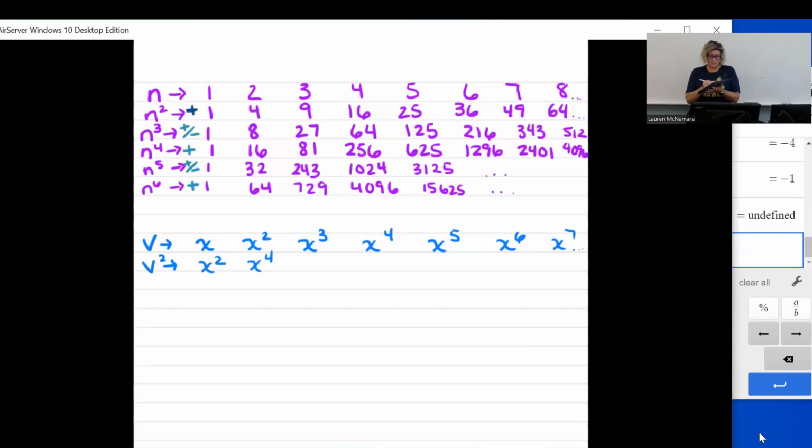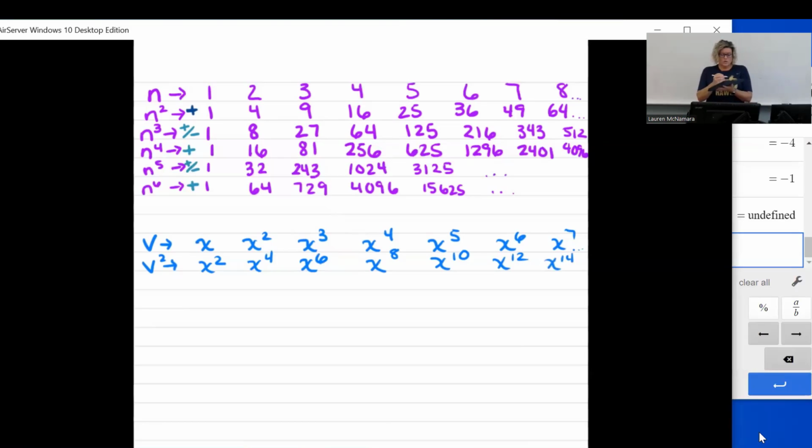Squaring my next one, I have x to the third times 2, because I'm multiplying my exponents, so I actually get x to the 6th. Do you see that pattern that's happening? X to the 8th, x to the 10th, x to the 12th, x to the 14th.